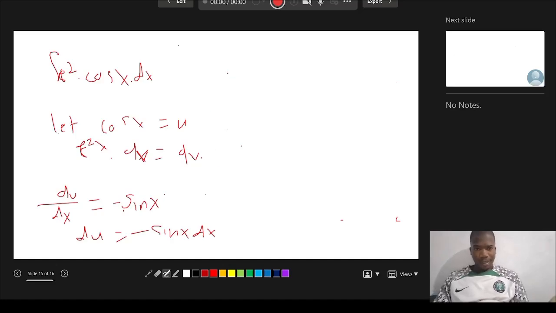Then you say v is equal to e to the power 2x, right?